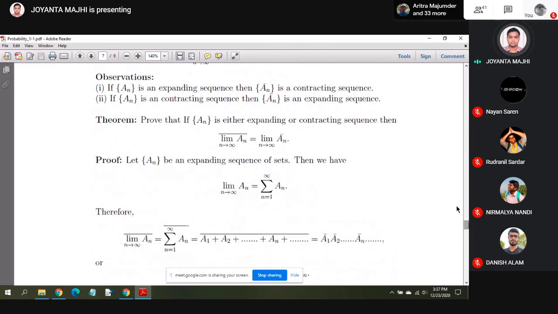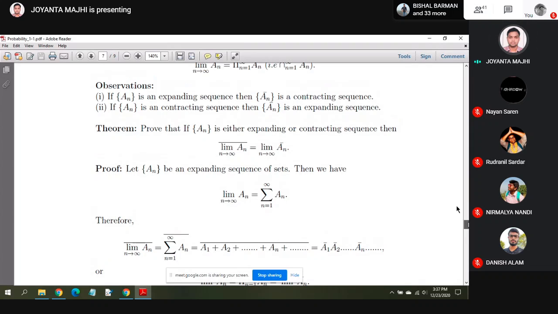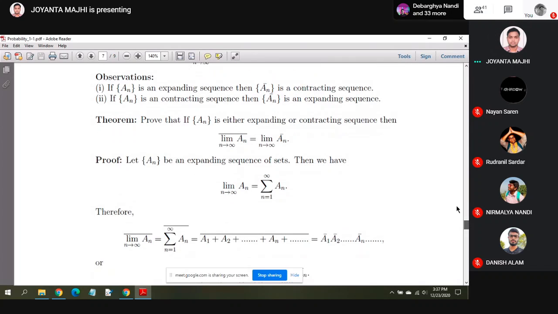There is a theorem that if An is either an expanding sequence or a contracting sequence, then the limit as n tends to infinity of An bar is equal to the limit as n tends to infinity of An, whole bar. This is a rigorous proof. It came from the definition of set theory. We skip this proof.